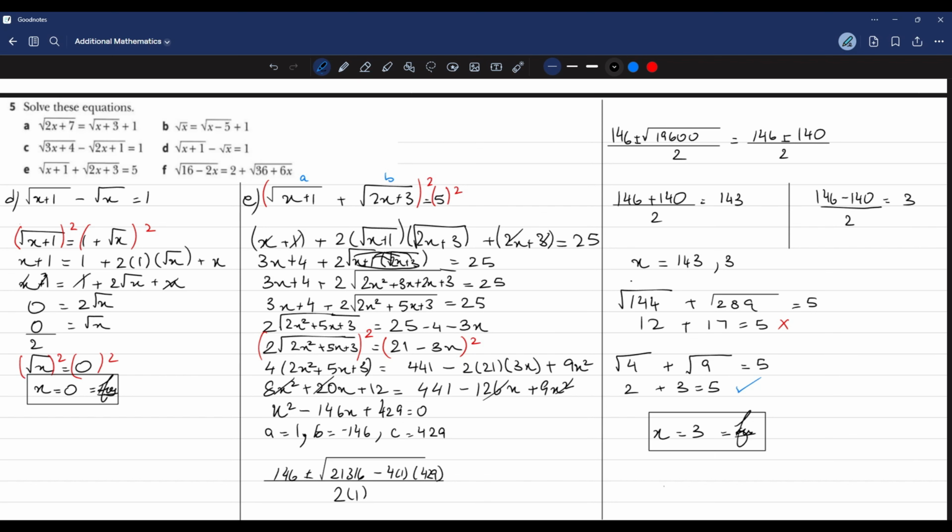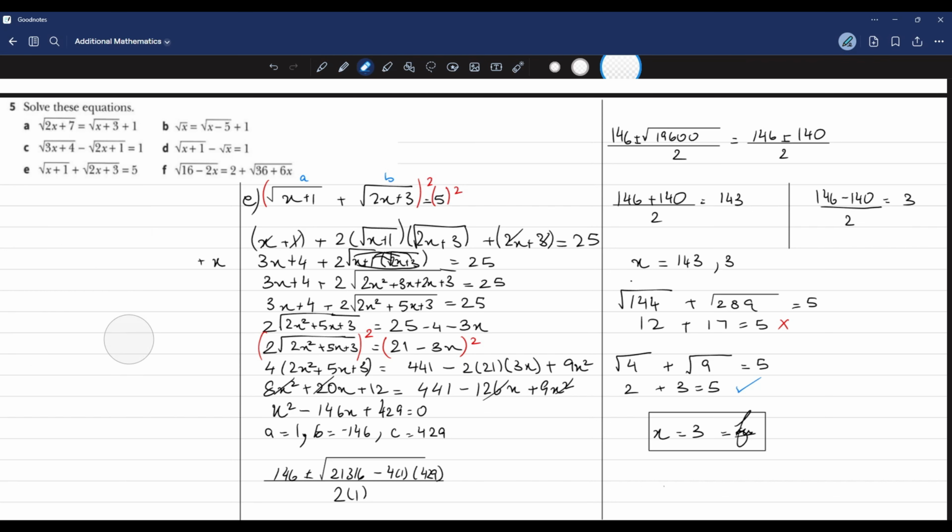So just try to do the question till the end. Recheck it. Obviously, that's an important part, but do not give up on your question. Keep trying until the end and see what your answer comes out to. Okay, so that is it for part E. Let me just make some space for part F.